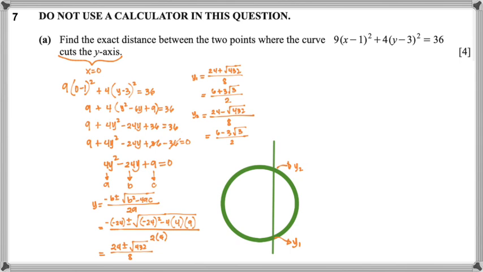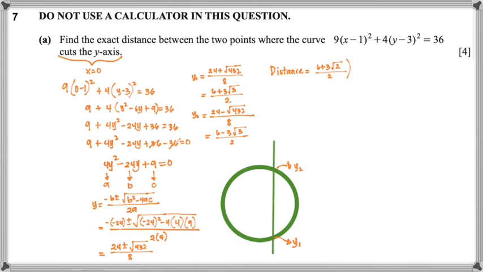So the distance between them will be equal to 6 plus 3 square root of 2 over 2.